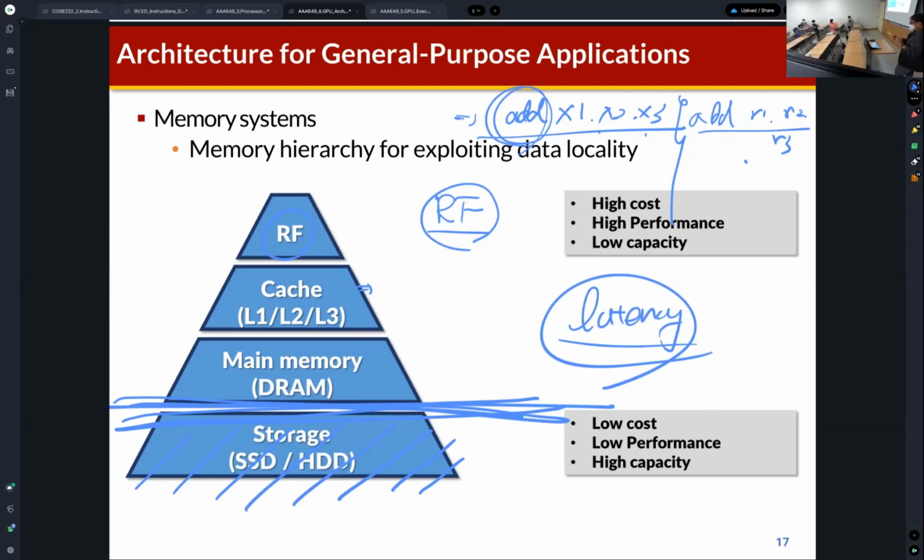GPUs also execute add R1, R2, R3, which means a GPU has a register file.